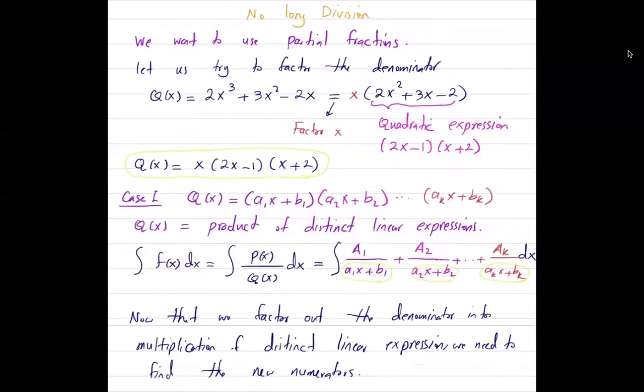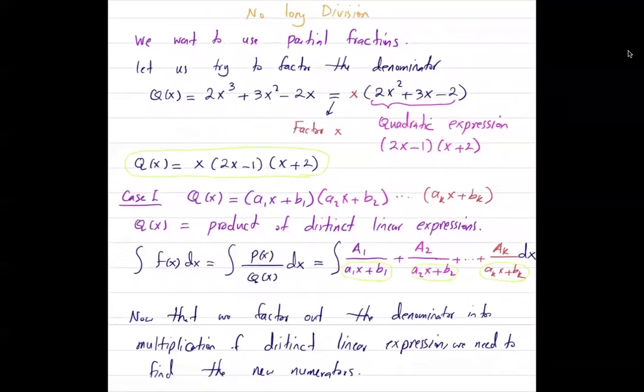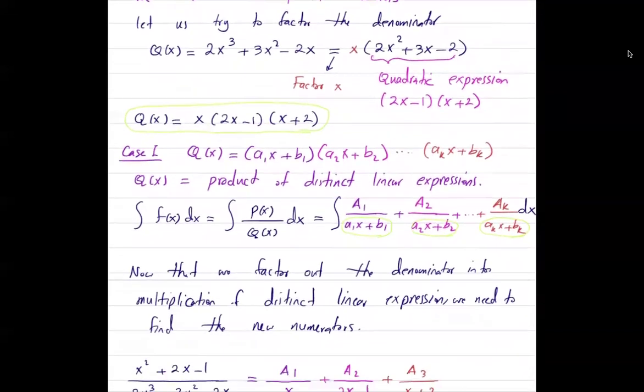Now that we factored the denominator into multiplication of distinct linear expressions, we need to find these new numerators, a1, a2, a3, a4, and so on. What is a1? What is a2? And the rest of them.